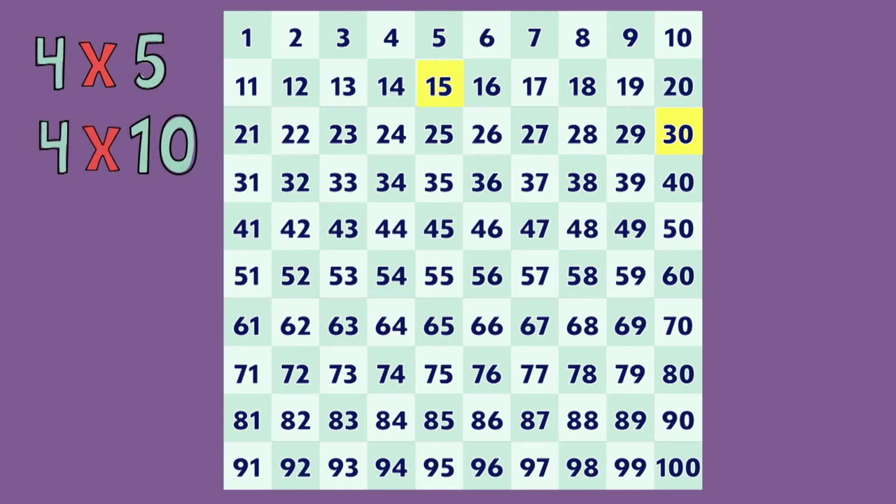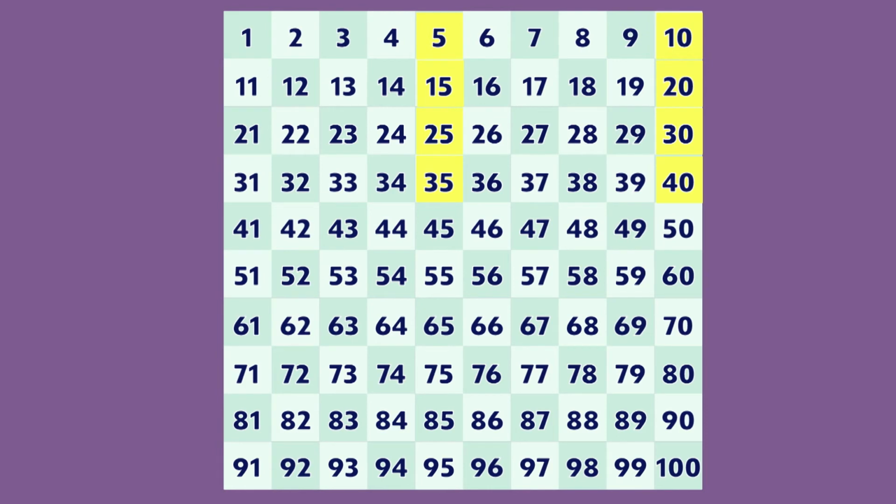I need to count by 5s 4 times. 5, 10, 15, 20. Then another 4 times to double it. 25, 30, 35, 40. If 5s and 10s have that relationship, what about other numbers that have the same relationship? Do they follow the same pattern?